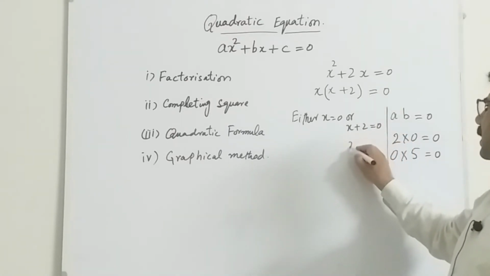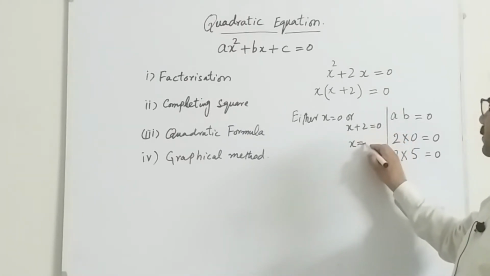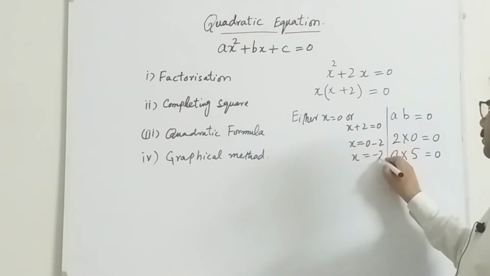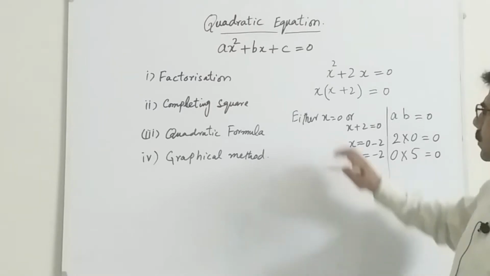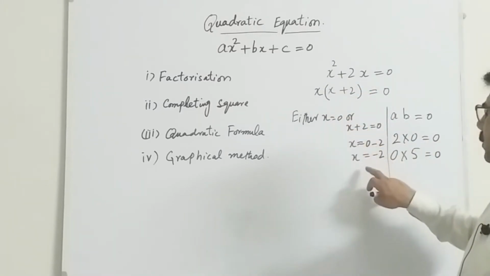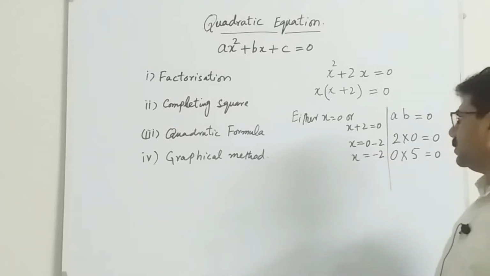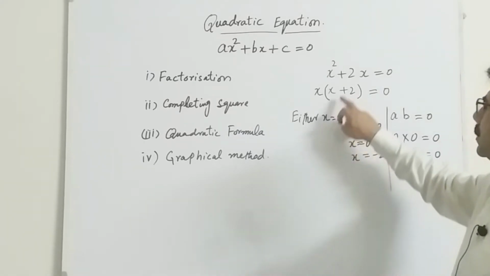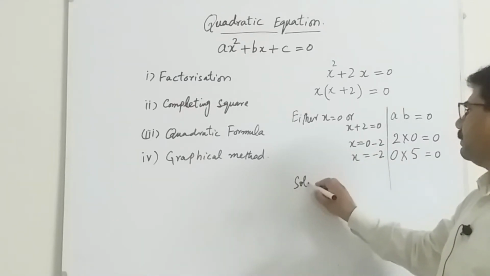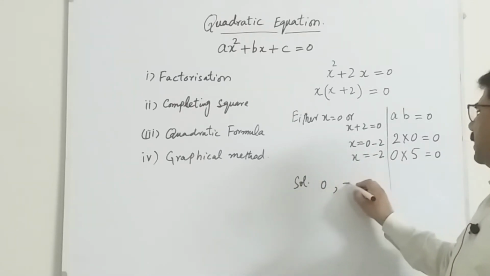Now here x plus 2 equal to 0 means x equal to 0 minus 2, and x will be equal to minus 2. So two possible values of x will be x equal to 0 and x equal to minus 2. These are called the solutions or roots of this quadratic equation. Therefore the solution will be 0 and negative 2.